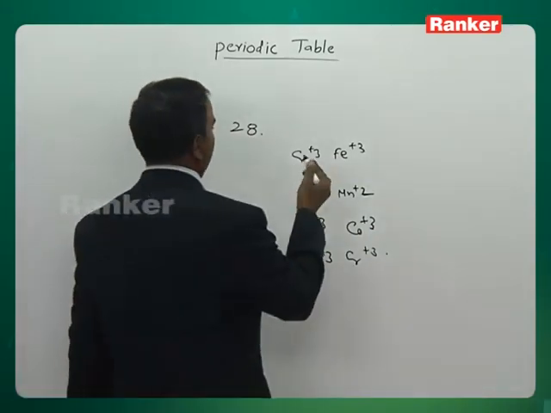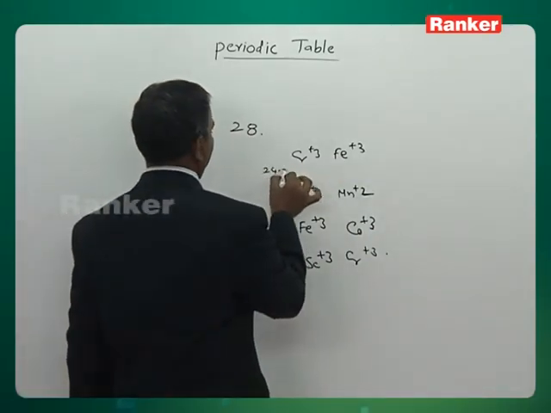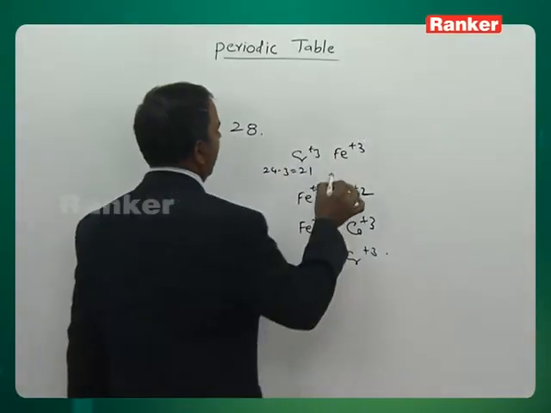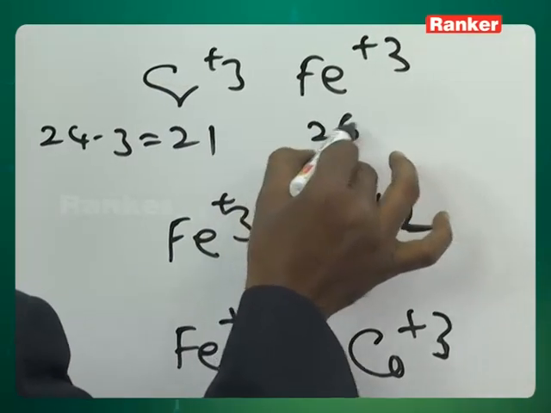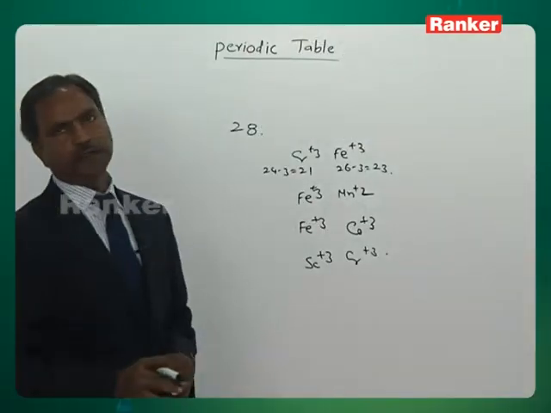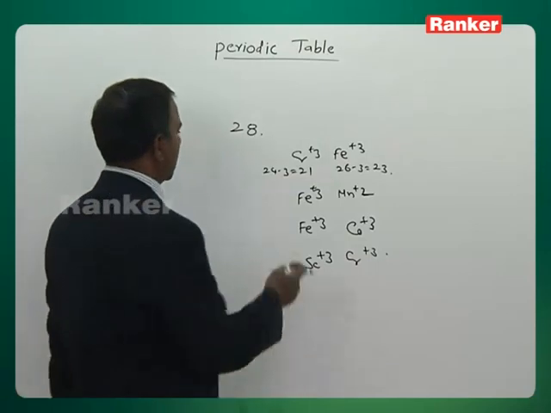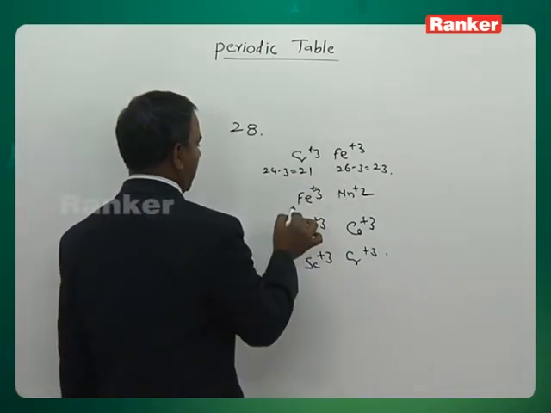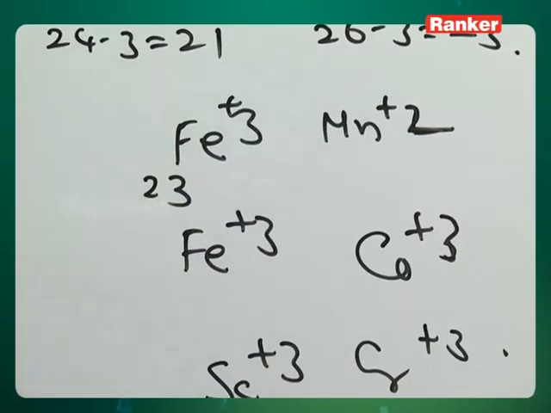Coming to chromium plus 3, it is 24. 24 minus 3 equals 21. Iron is 26. 26 minus 3 equals 23. They do not have the same number of electrons. They are not isoelectronic. Coming to Fe plus 3, this has 23 electrons.